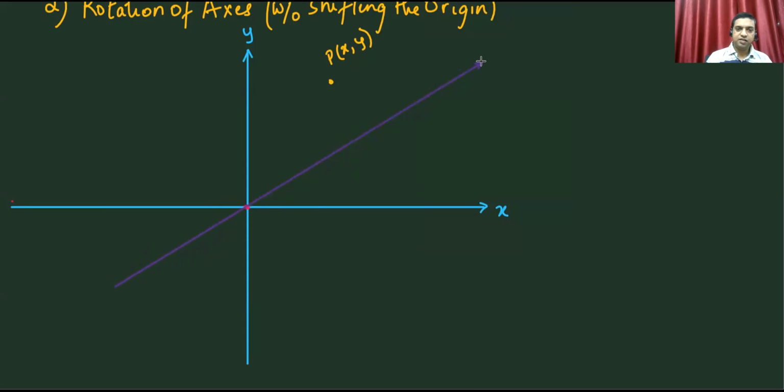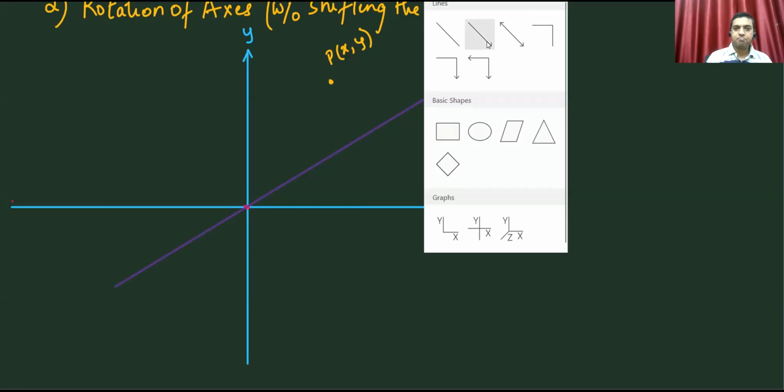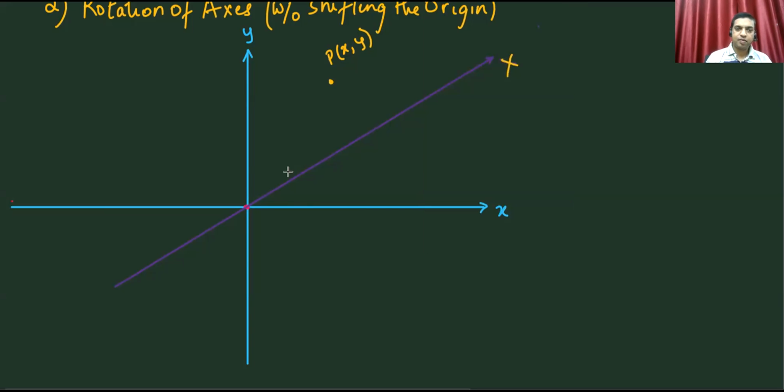Let's say this violet colored line is the x-axis, capital X. I've just rotated it.